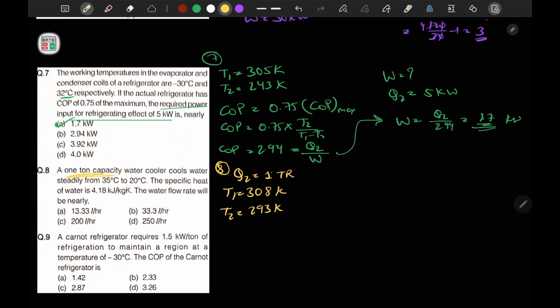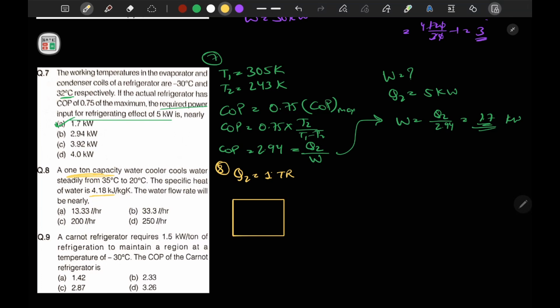It is mentioned that the specific heat of water is given, and we need the water flow rate. These are not the surrounding ambient and refrigerant temperatures.